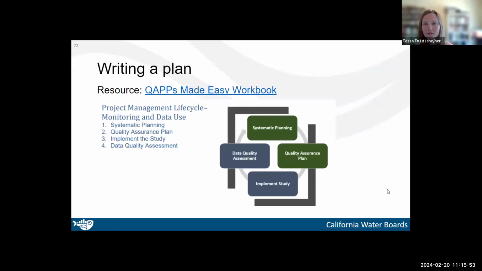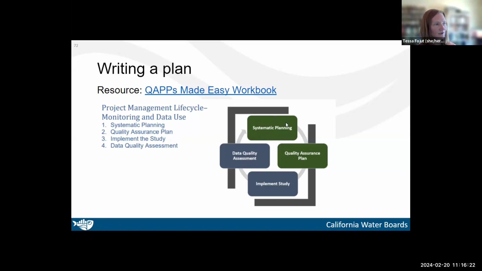We do have a resource that we'll share in the links later. We call it the QAPs Made Easy workbook that SWAMP put together a couple of years ago. It takes you through the systematic planning and the 24 elements of a QAP in an easier to understand, plain language way, and then helps you translate it into the EPA sections.